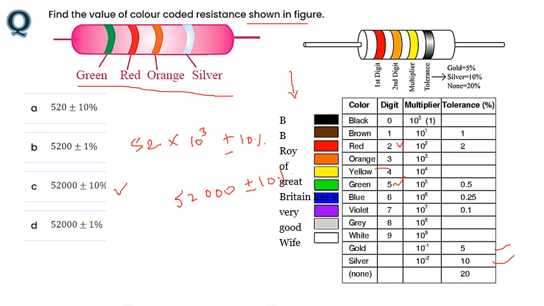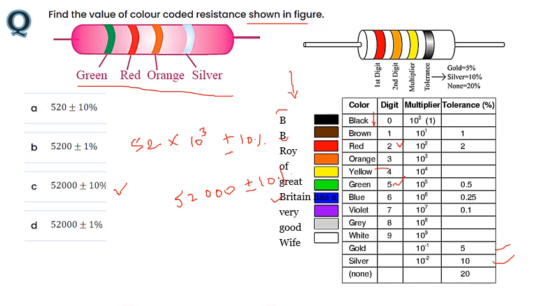Always read this four to five times: black, brown, red, orange, like this, so that you can remember it. The only confusion here is the first two B's and Britain, which have a color difference. First you have to start with black and end up with white. So black to white you have to remember.